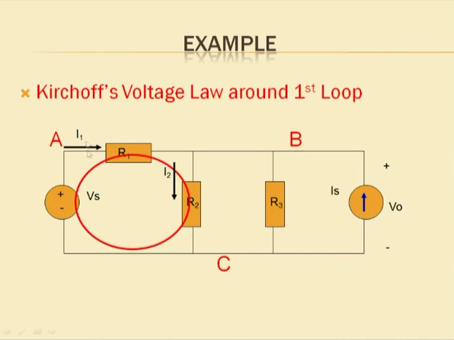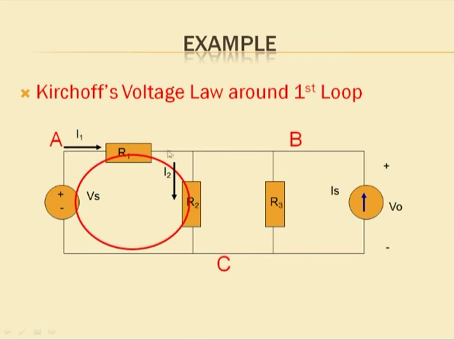Now suppose I am applying KVL for the first loop. Let current I1 pass through the resistance R1 and let current I2 pass through the resistance R2, and Vs is the source.